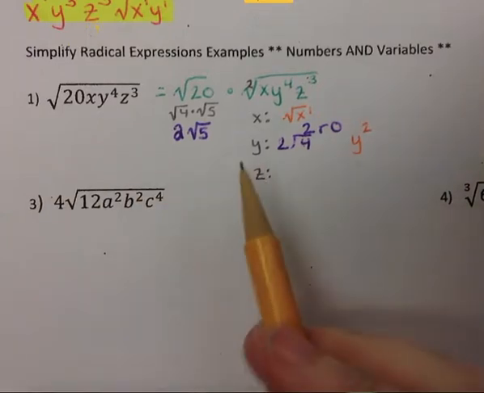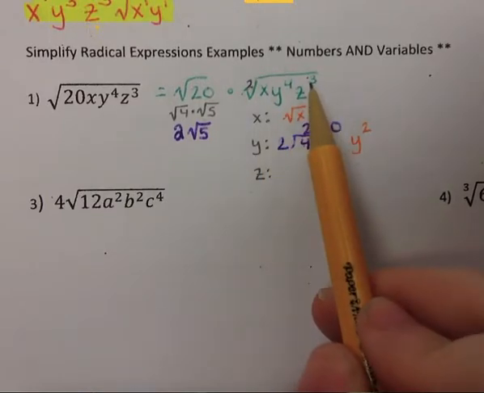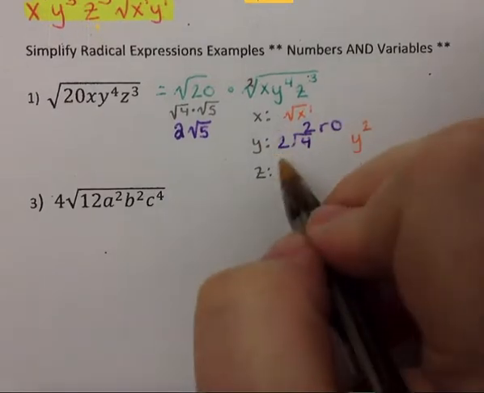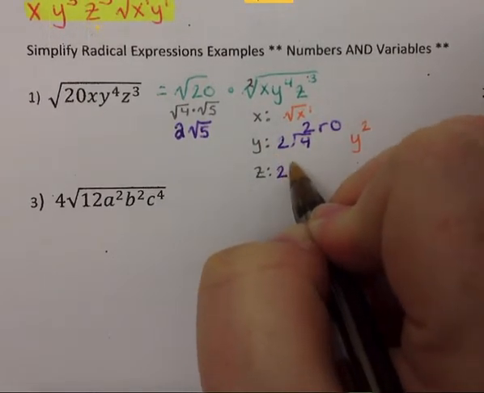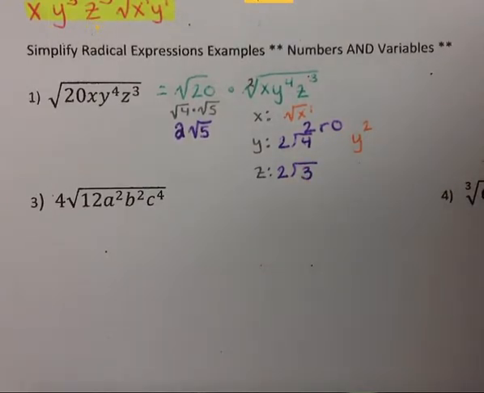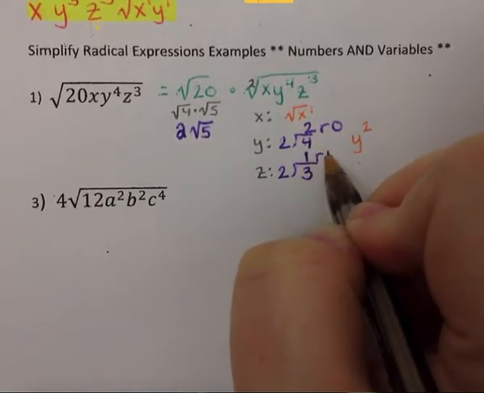For the z's, I look to see, can we simplify it? 2 is smaller than 3. That means I can simplify it. So I look to determine how many times the index of 2 goes into the exponent of 3. 2 goes into 3 one time, but it does have a remainder of 1.